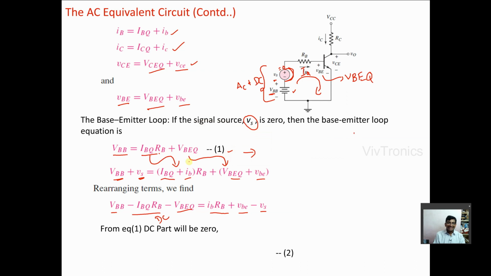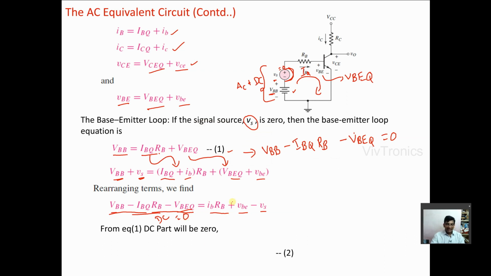Rearranging equation 1, VBB minus IBQ RB minus VBEQ is equal to 0. Therefore, the left hand side of this equation is equal to 0.